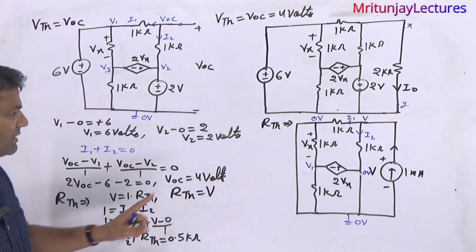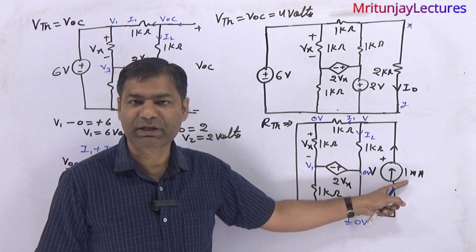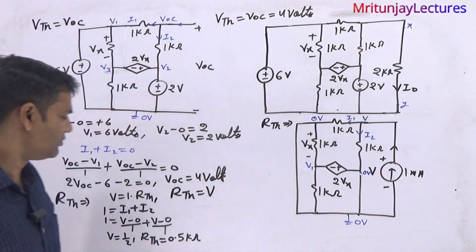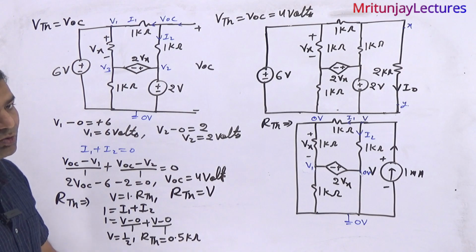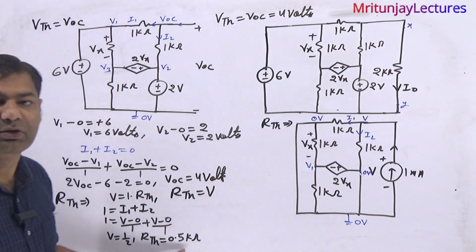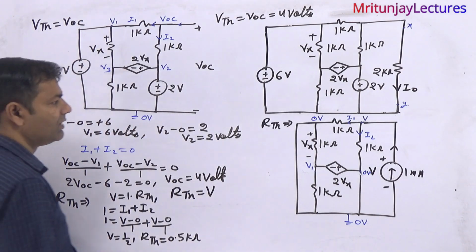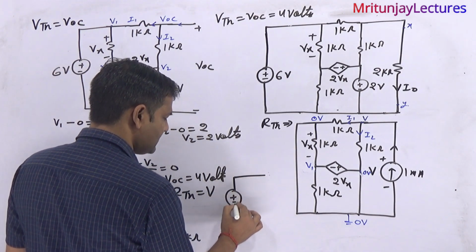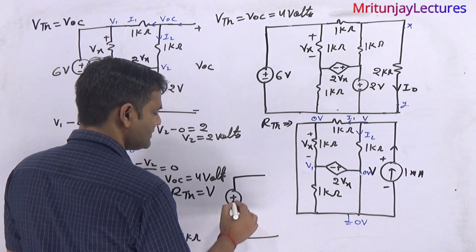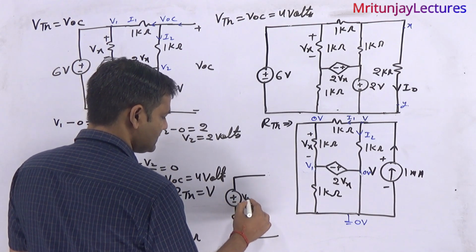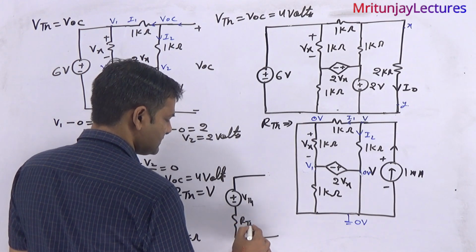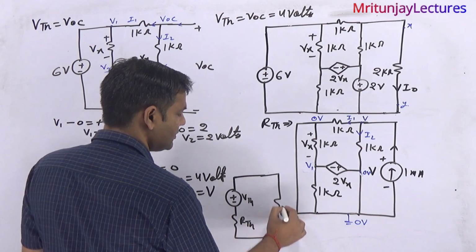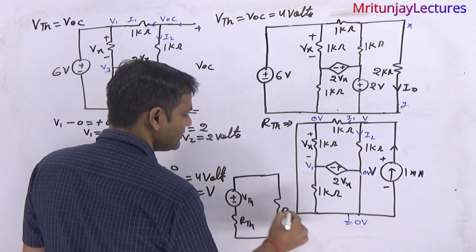I have already discussed that if you have considered 1 milliampere here, then finally we get RTH in kilo ohm. So that is written as 0.5 kilo ohm, or you can say 500 ohm. Clear? Now the last target is the Thevenin equivalent: plus minus VTH, here RTH, and here RL is connected.